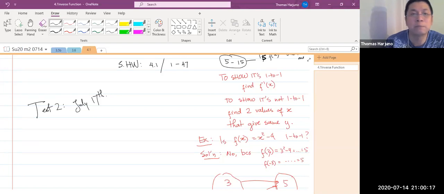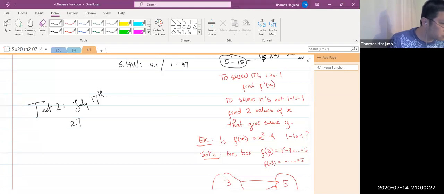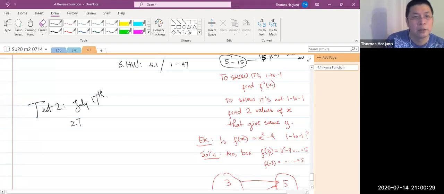That's where I will stop. Oh yeah, the material for your test 2 will be from 2.7, chapter 5, chapter 3, 3.1 to 3.6, and then 4.1 to 4.4.